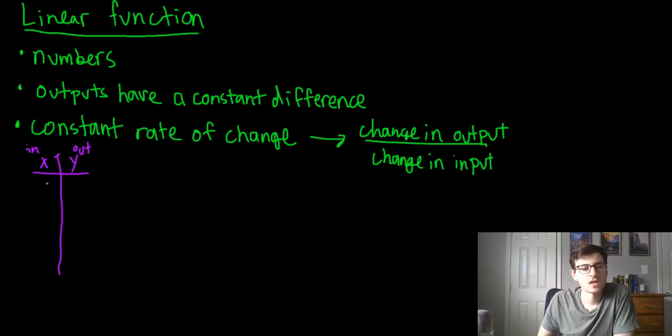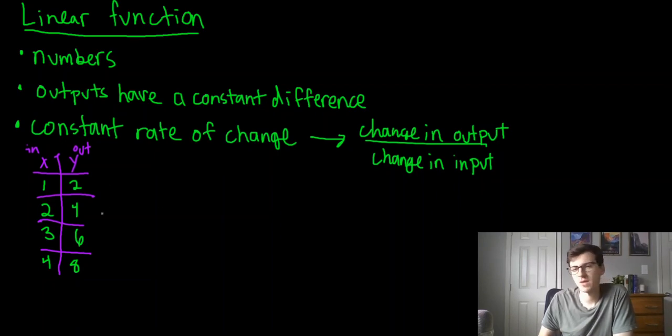Let's just do a really basic linear function, one that you'll see a lot. 1 and 2, 2 and 4, 3 and 6, and 4 and 8. Now with this particular linear function, I'm telling you that it's linear, but how can we tell that it's linear?